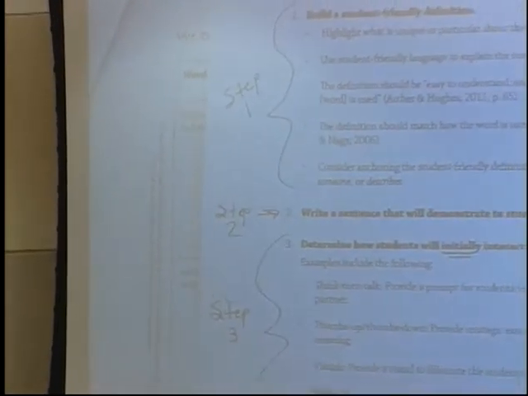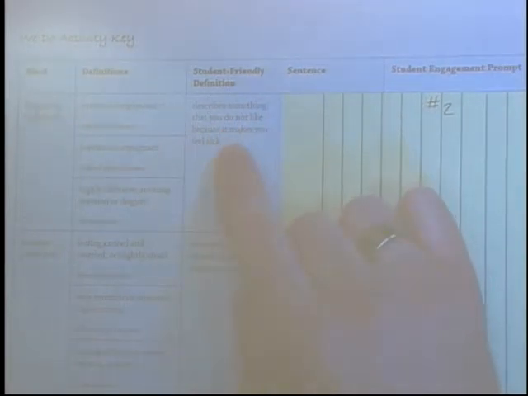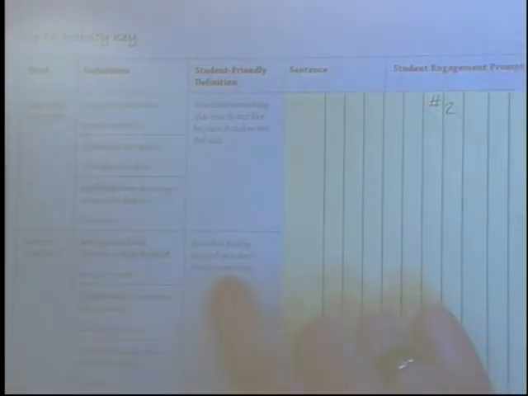That's why we came back and talked about anchoring. Using those words to anchor is very important. Consider anchoring the student-friendly definition with one of the following words: something, someone, or describes. Describes something that you do not like because it makes you sick. Describes feeling worried or scared about something. Okay?